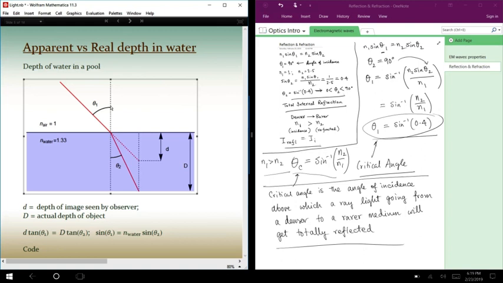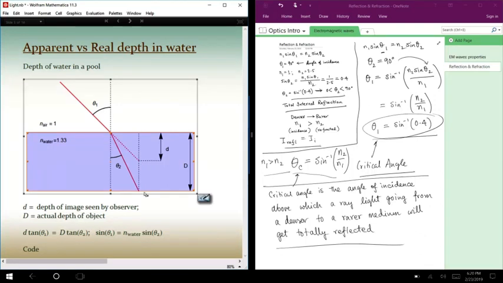And what does that mean? Well, if you placed your eye over here, then you would see this ray of light coming in this direction. But since you can't see anything more, to you it would seem like this ray of light is appearing to come from a point somewhere over here, right?